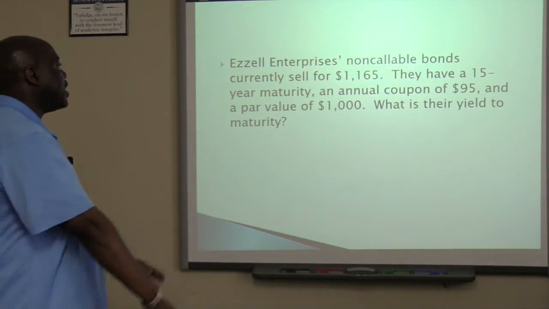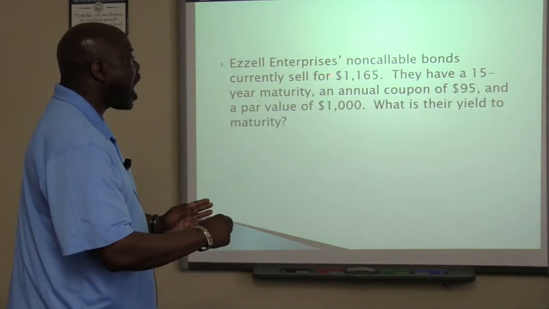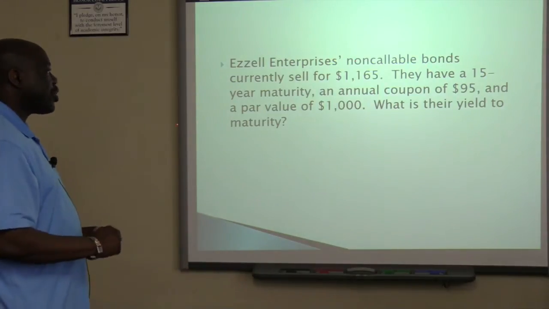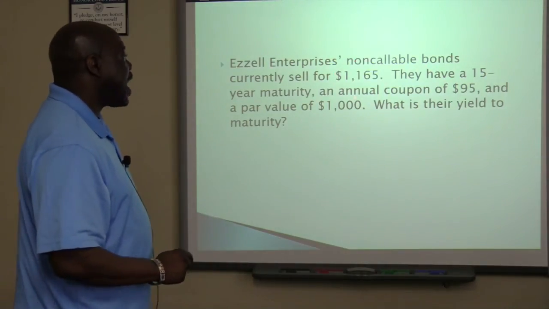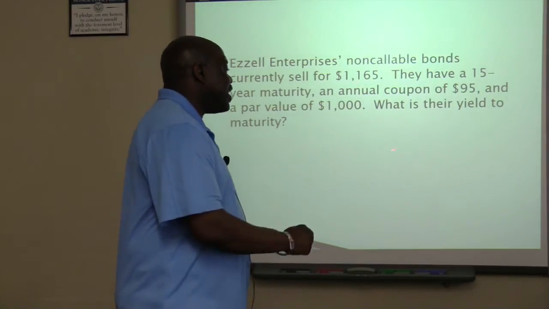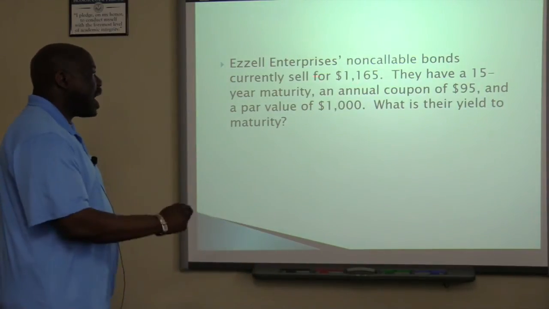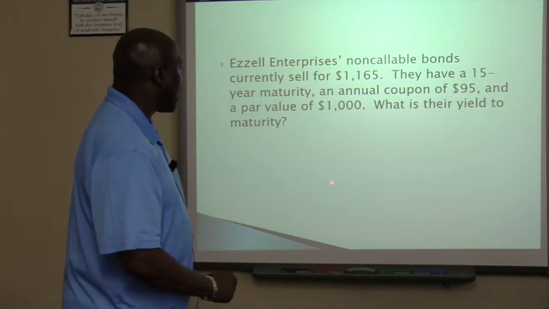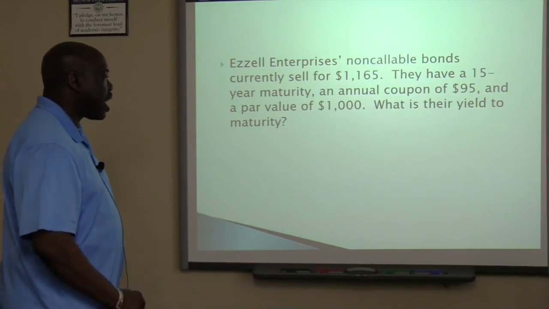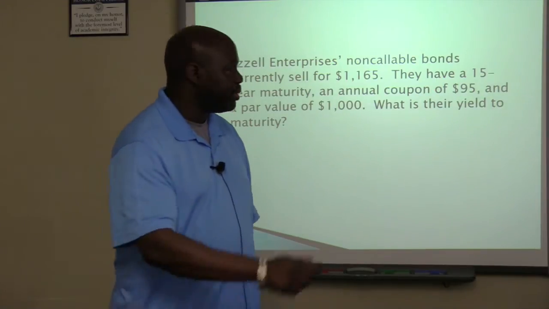Okay, Excel Enterprises has non-callable bonds currently selling for $1,165. They have a 15-year maturity, an annual coupon of $95, and a par value of $1,000. What is their yield to maturity?